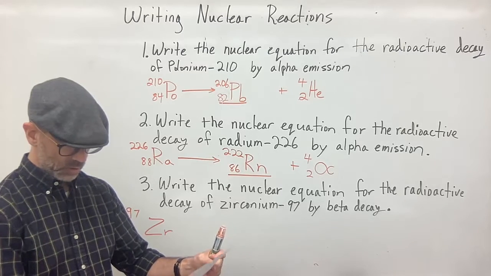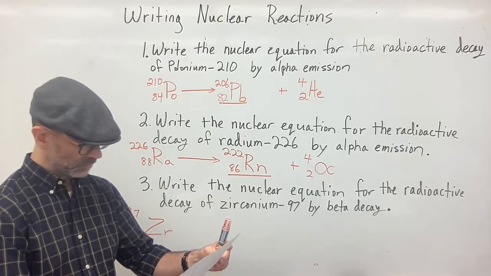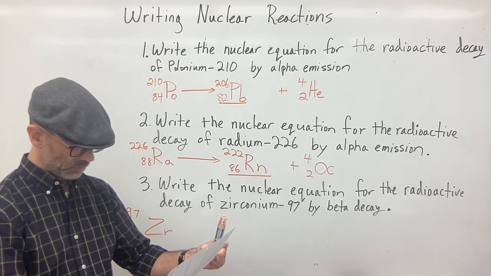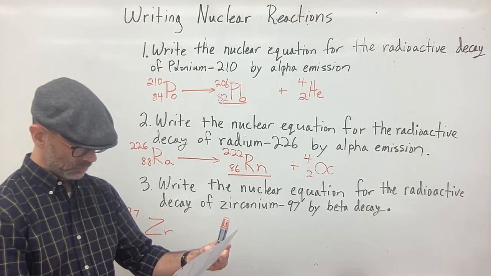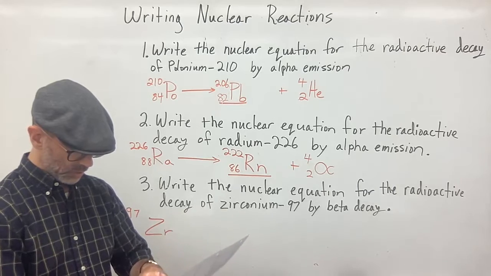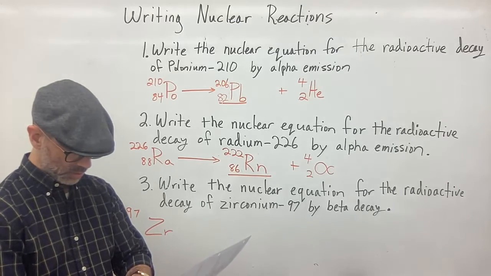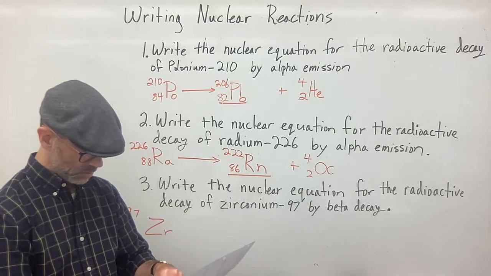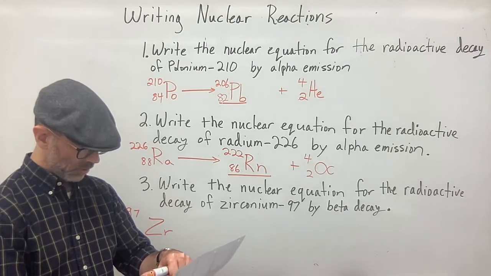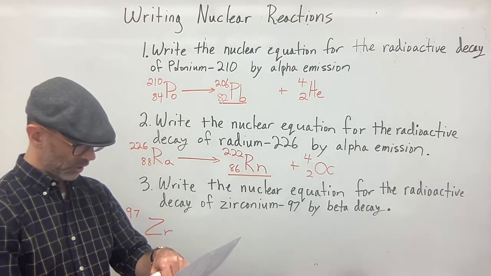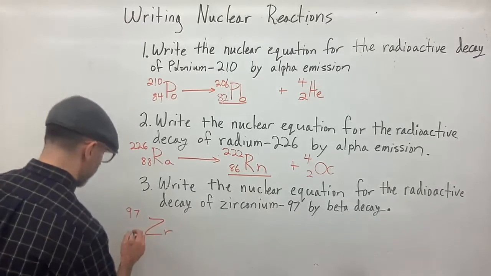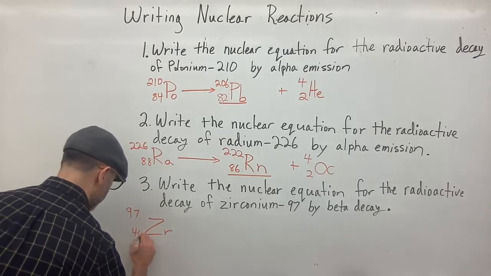Where is it? There it is, number 40. So number 40 on the periodic table. So that is the atomic number, 40.